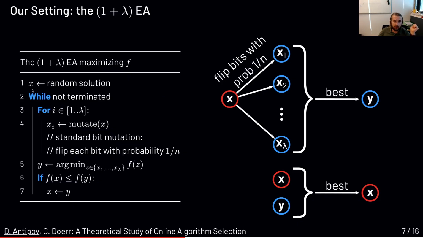This algorithm is mutation-based, where we keep only one individual x as a population, and in each iteration we create λ offspring, each by flipping each bit with probability 1/n. The best of these λ offspring is the mutation winner y, and if y is not worse than the current parent x, then it replaces its parent, and the next iteration starts.